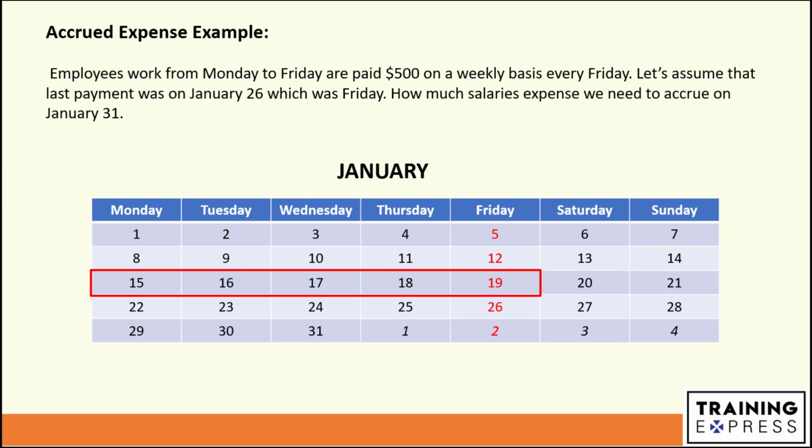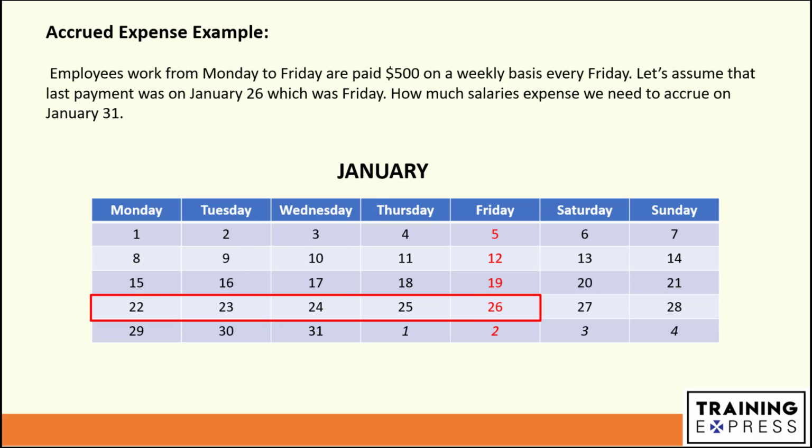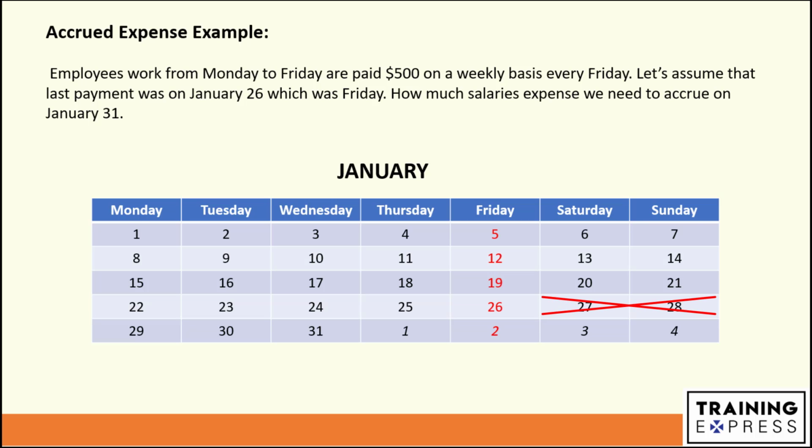In the third week, they worked from 15th of January to 19th of January and they were paid on Friday, 19th of January. In week number 4, they worked from 22nd of January to 26th of January and they were paid on Friday, 26th of January. 27 and 28 are a holiday.